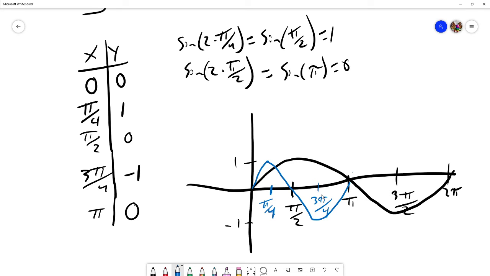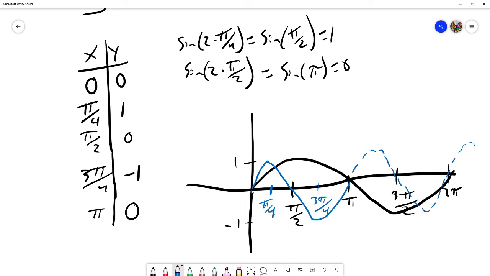I could continue graphing this, and if we were to extend our table of values, we would see that this dotted line is how the curve continues. So what we see then is, since the graph is being compressed, if we recall before, we said that the period was 2 pi.